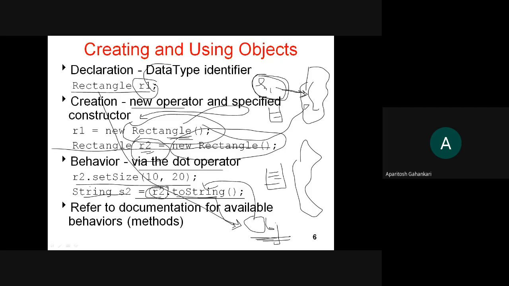The setSize may be the method which is already defined in the Rectangle, but the toString method is certainly not defined in the Rectangle class; it is getting inherited from the Object class, which is the ultimate parent class of any Java class or any Java interface.